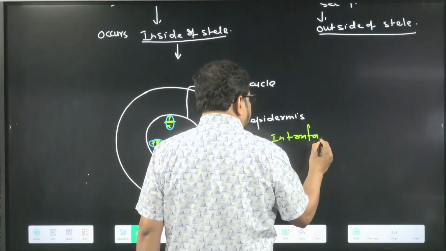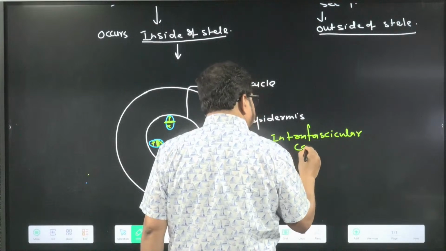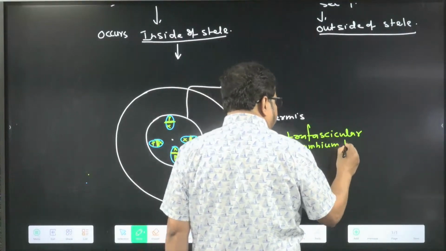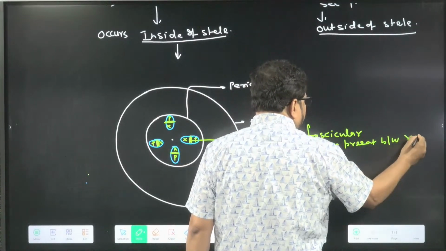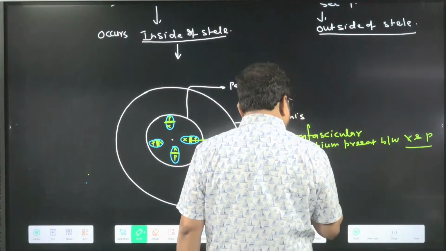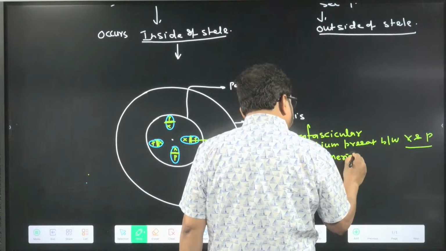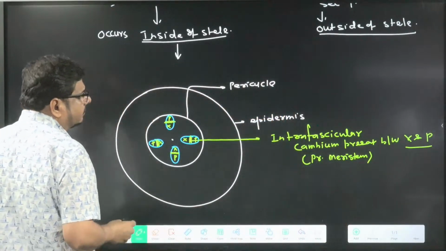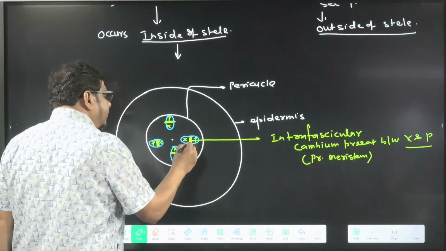It is a primary meristem. Intrafascicular cambium is present between xylem and phloem, and this intrafascicular cambium is a primary meristem. So in the beginning, only primary meristem, intrafascicular cambium, is there.